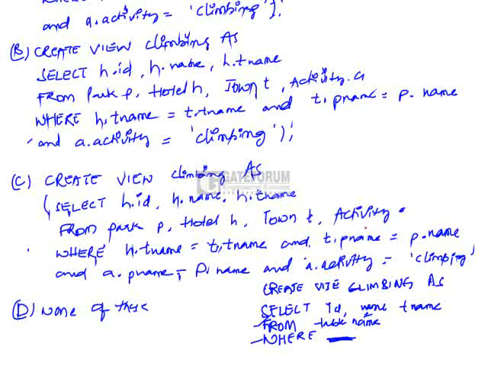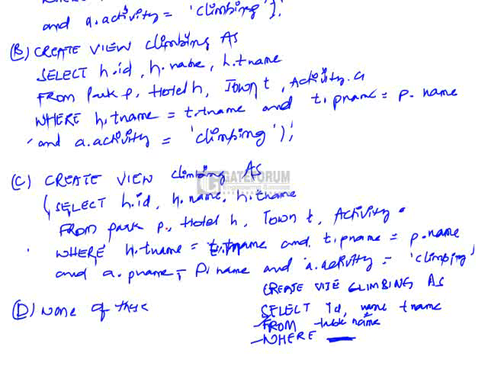Here the activity table is renamed as A, town as T, hotel as H, and park as P. In option C, this is not T dot tname, it is just T dot name, and T dot pname is equal to P dot name, and A dot pname is equal to P dot name, and A dot activity is equal to climbing.